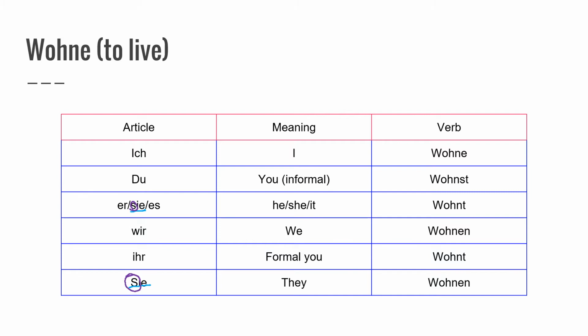The example is regarding ich. Ich wohne in New Delhi. The sentence is: Ich wohne in New Delhi.